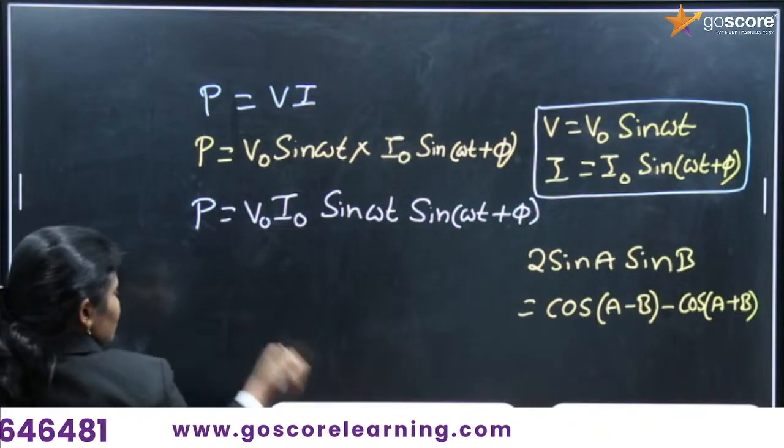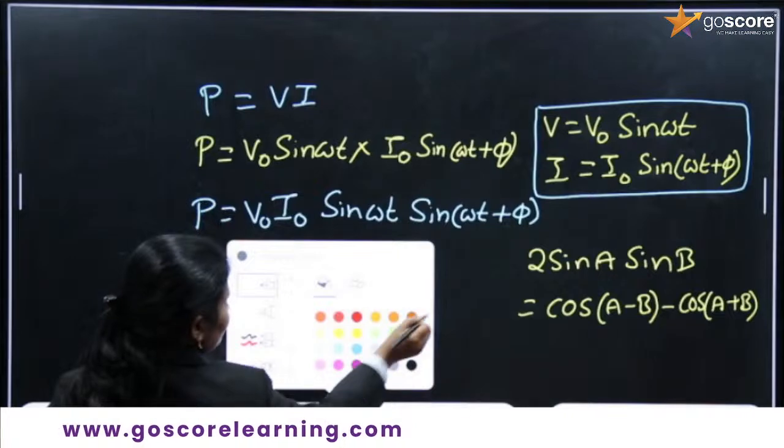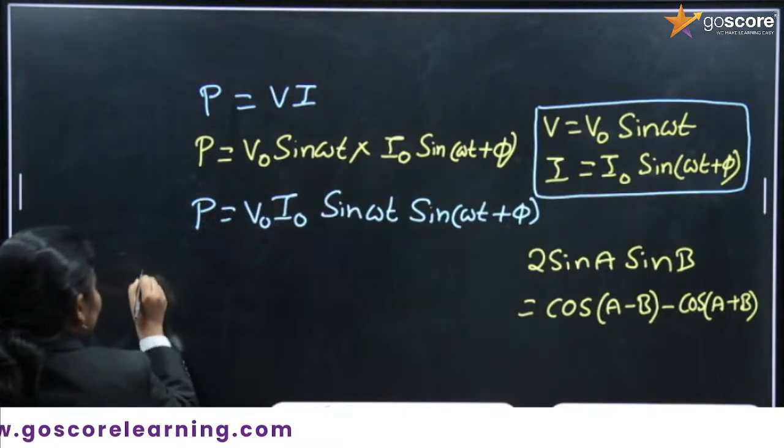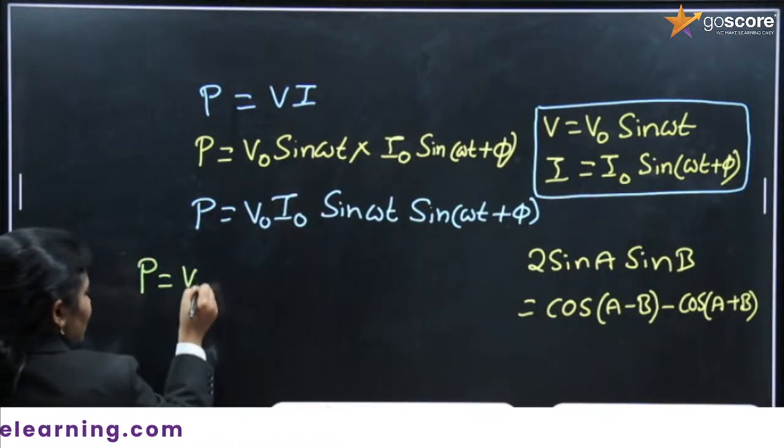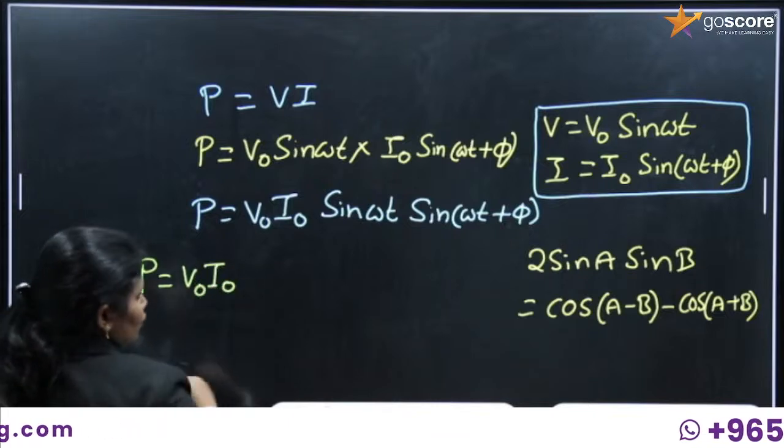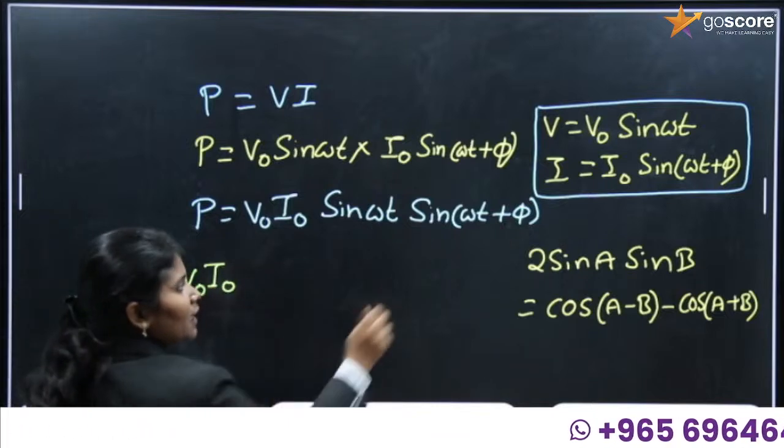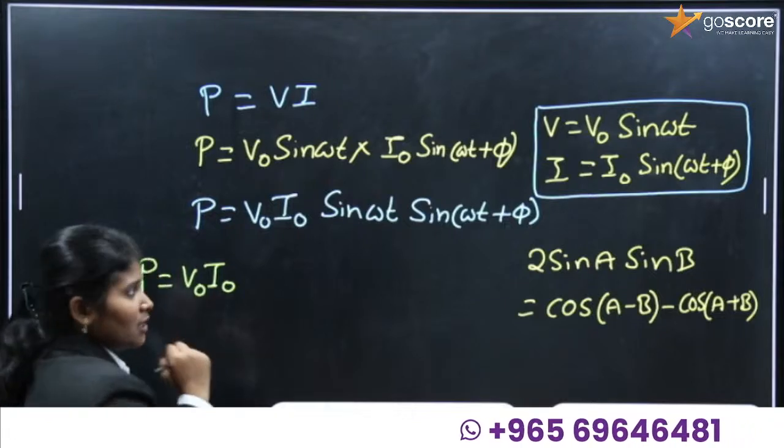P is equal to V naught I naught. Here A is omega t, B is omega t plus phi.